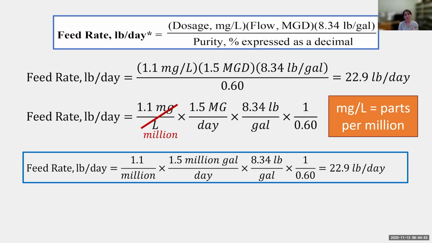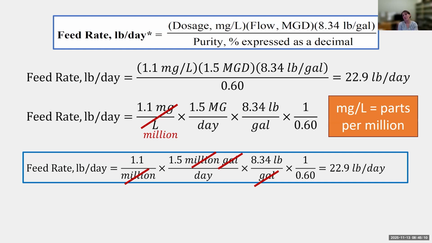So we have 1.1 divided by a million times 1.5 million gallons per day times 8.34 pounds per gallon times 1 over 0.60. So those millions are going to cancel each other out, and the gallons are going to cancel each other out, and we're left with pounds per day, which is the units of our answer.